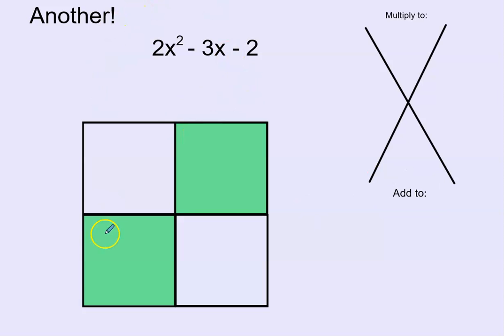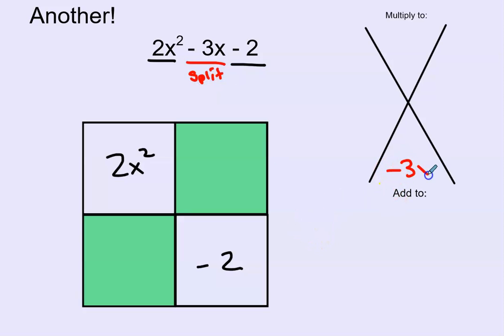So let's look at another example here. 2x squared goes right there. Negative 2 goes right there. Now, this is the important term. We need to figure out how to split this middle term such that it adds to negative 3x, but multiplies to the same thing that the other two boxes multiply to.